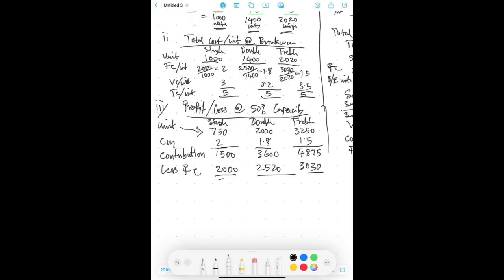This is a loss of 500 naira. Then here, the difference between 3,600 and 2,520 should give us 1,080 profit. And finally, 1,845. So this is our profit or loss.